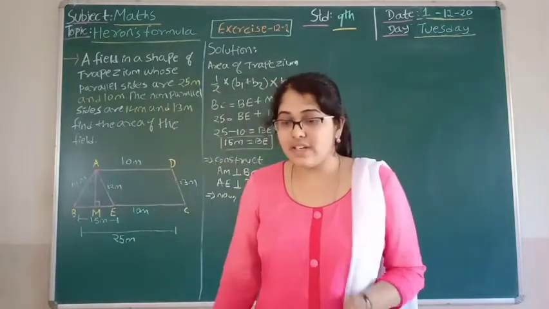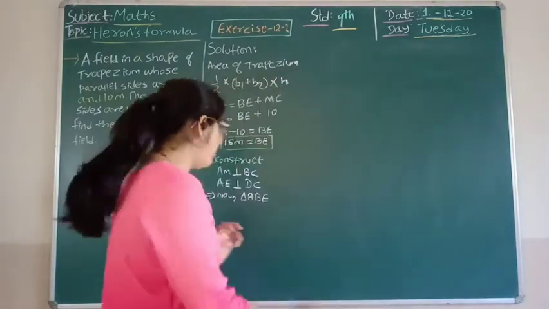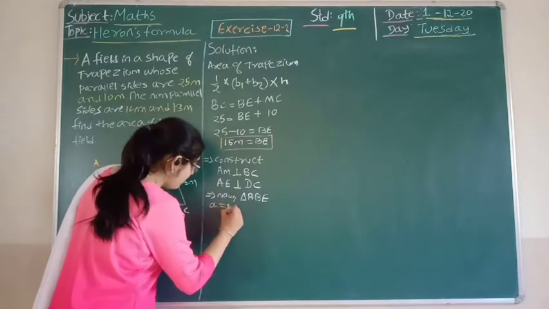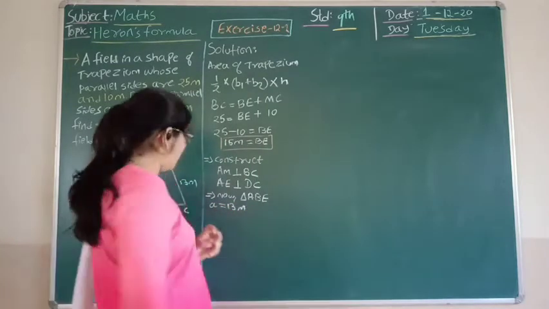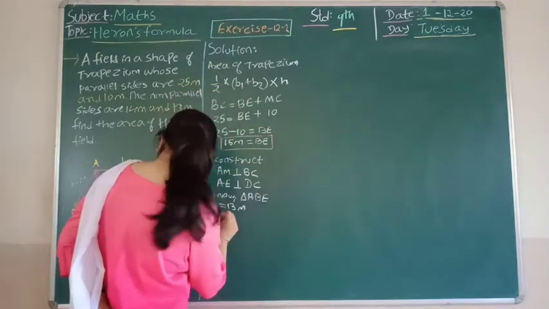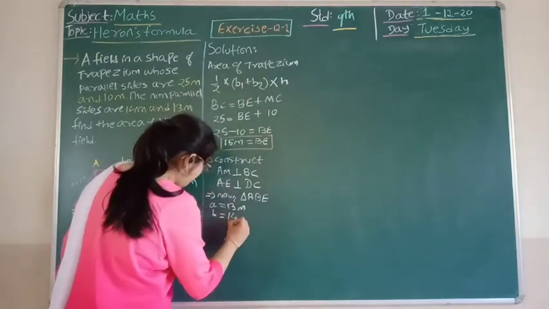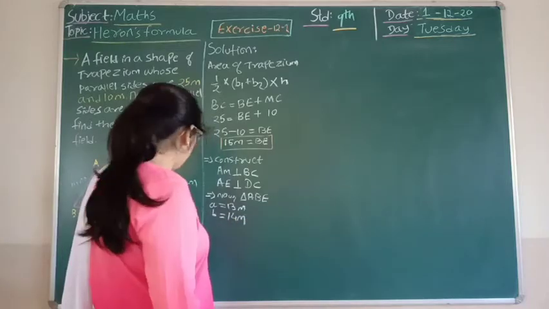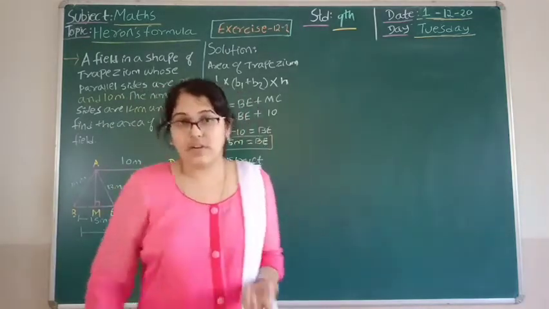That is a equals 13 meter. Similarly, b will be equal to 14 meter, and the remaining, that is c, will be equal to 15 meter.